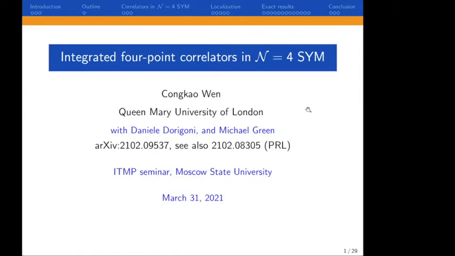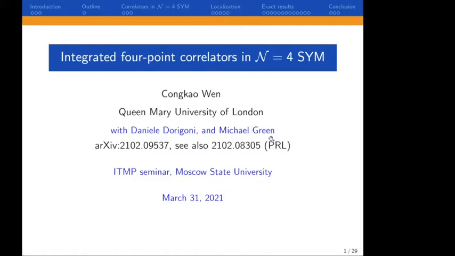First, I'd like to thank Dimitri for inviting me. I will talk about integrated four-point correlators in N=4 Super Yang-Mills. This is work I did with Daniel Dorigoni from Taiwan and Michael Green.